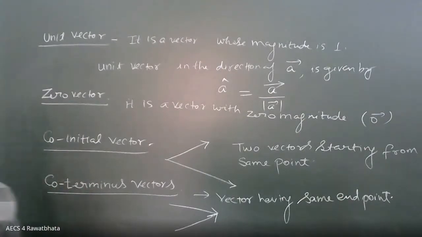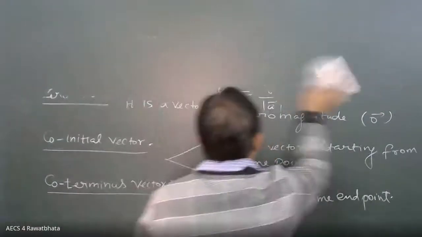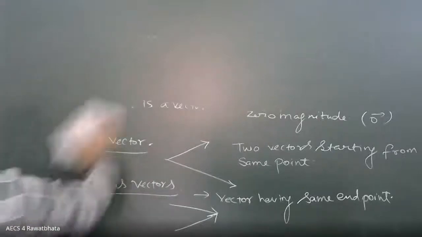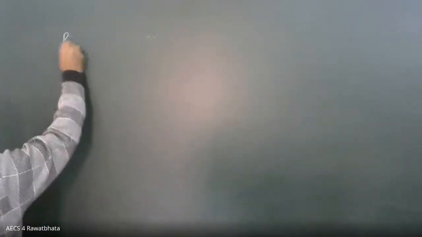Right. The next term we use is parallel vectors. And there is one more name, and we'll discuss why we use that name also. First, parallel vectors.